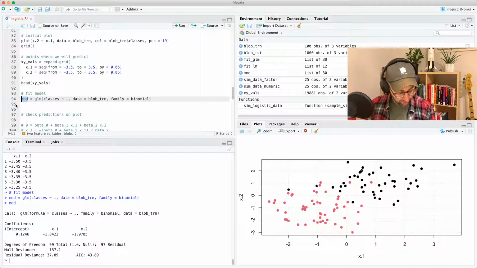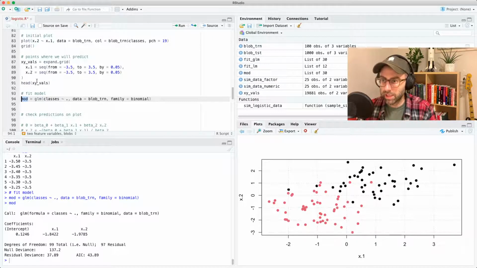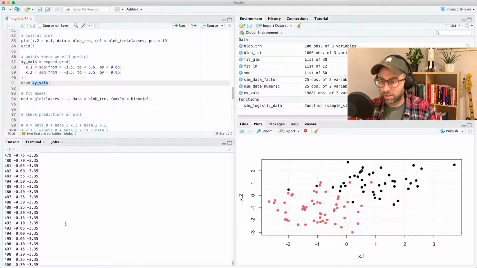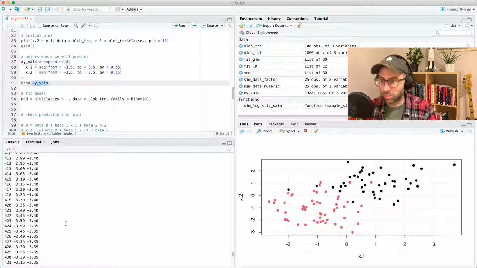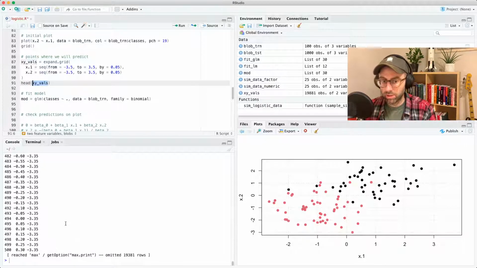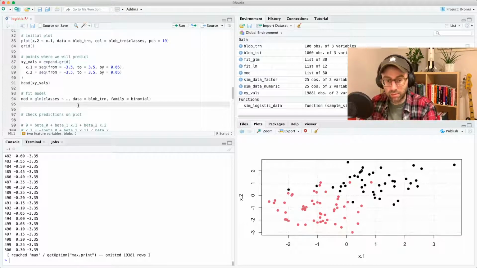Okay, cool. So what I'm going to do now is, for each of the points in this xy vals, I want to make a classification from the logistic regression model I just fit. So let's have a look. I'm going to do predict with the model I just fit, and I'm going to predict on this data here.